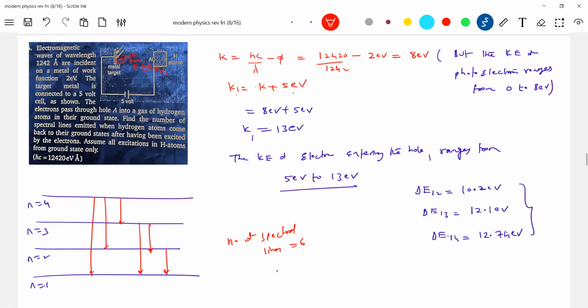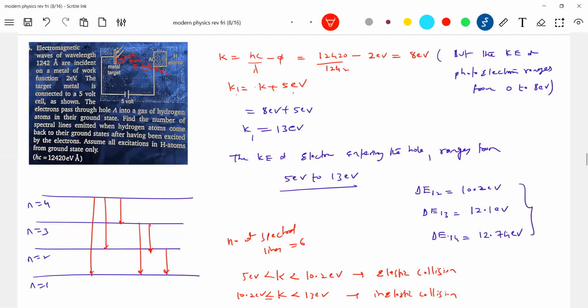We'll write it. Kinetic energy of electrons less than 10.2 electron volt: elastic collision. Kinetic energy of electrons greater than or equal to 10.2: inelastic collision.